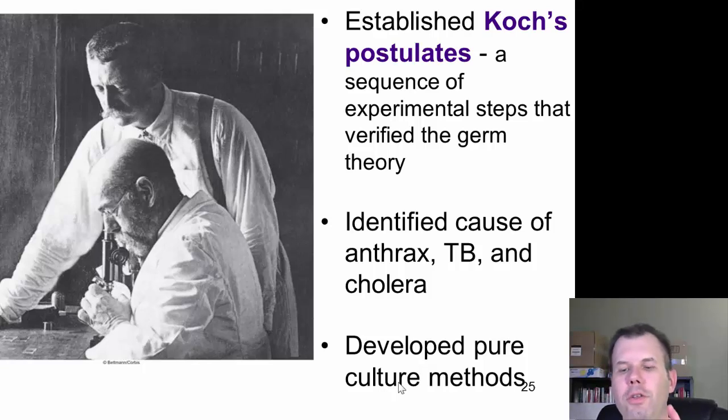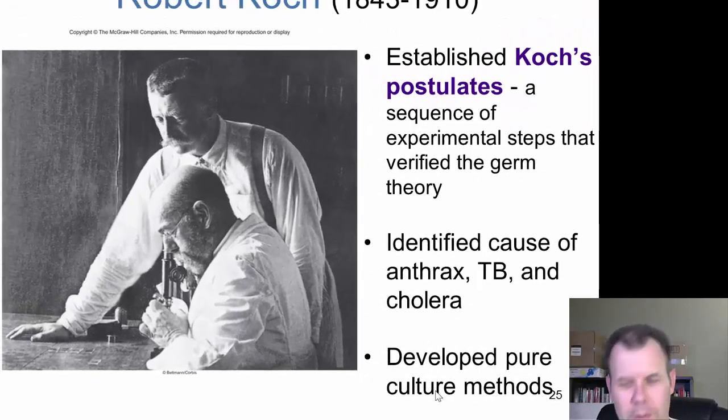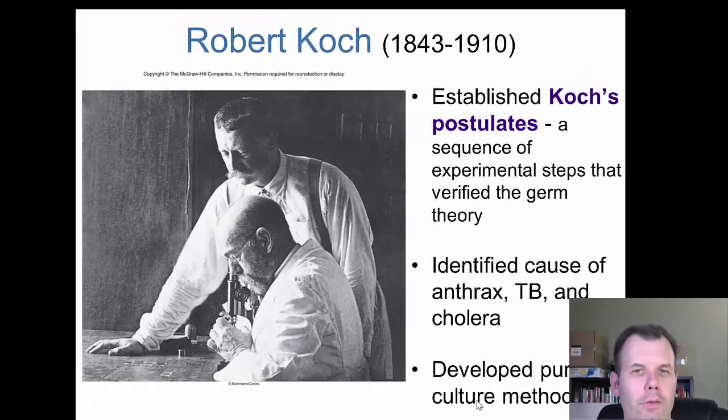The Petri dishes and some of these other things that we're going to be using in the laboratory throughout the semester all stem from Robert Koch's work. So you can blame him for making you have to do all these different things in microbiology. But again, he established the things that we see today, establishing health and vitality. We live a lot longer because these guys figured out certain things that would kill us throughout our lifetimes.